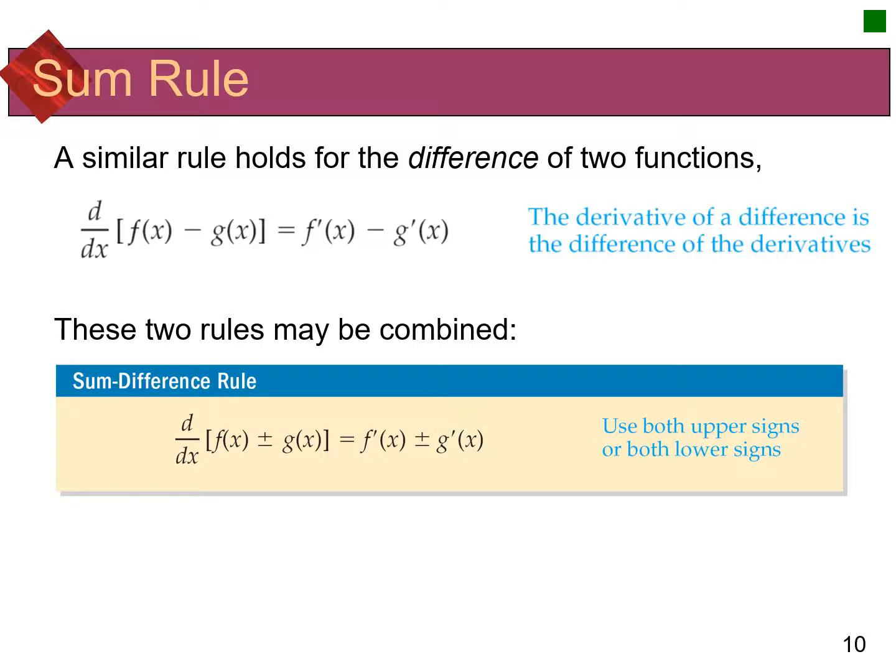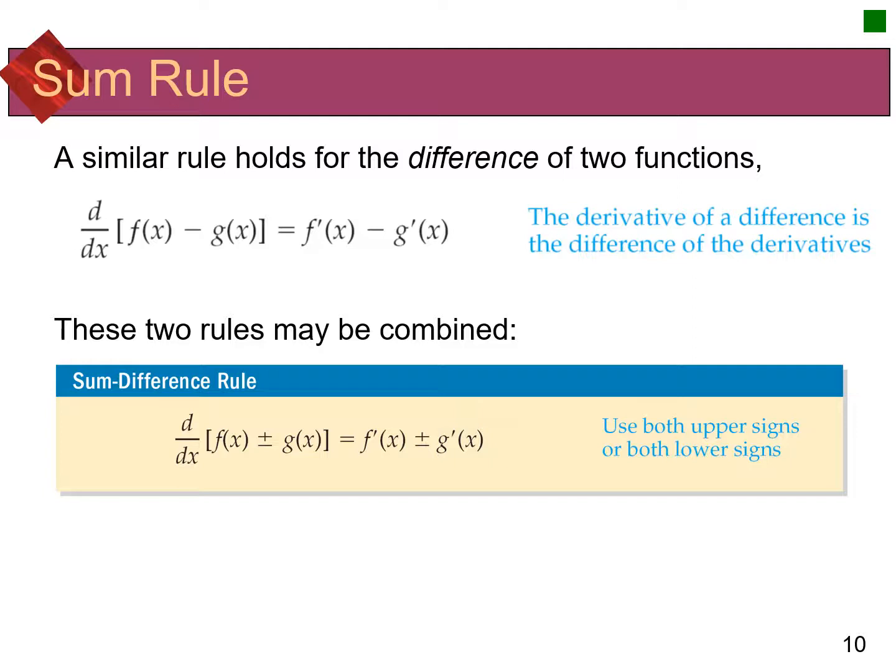The same thing occurs with the difference, because in the scope of algebra, addition and subtraction are essentially the same thing. All subtraction is adding a negative. That's why they have the same precedence in the order of operations.